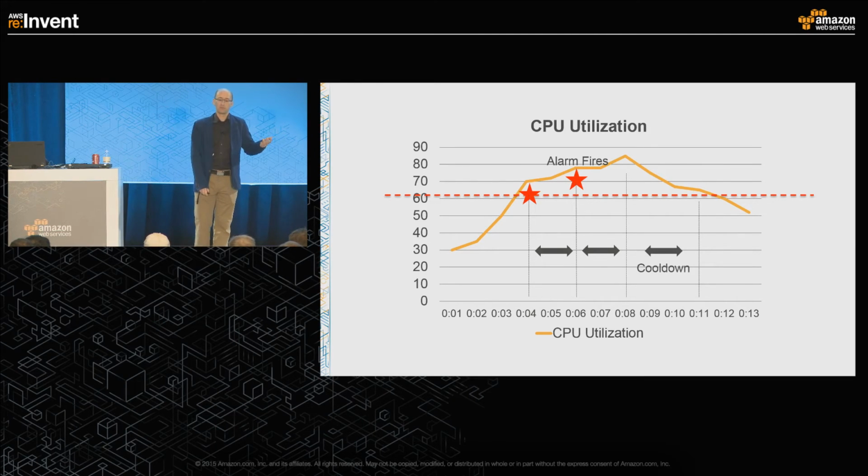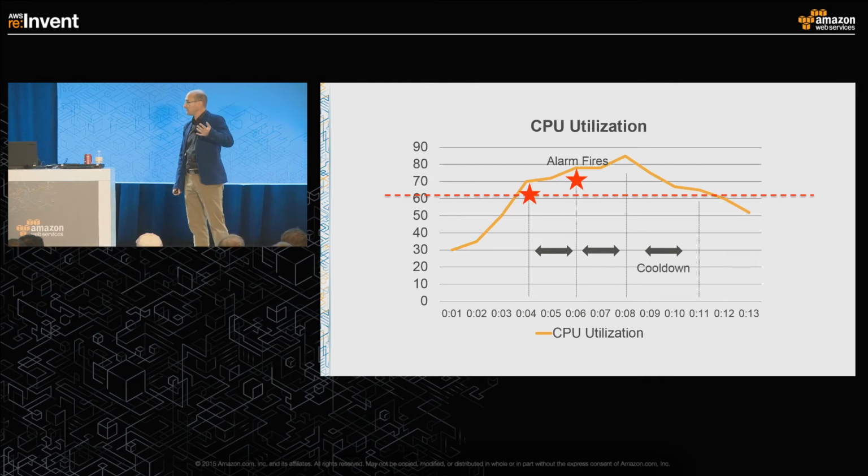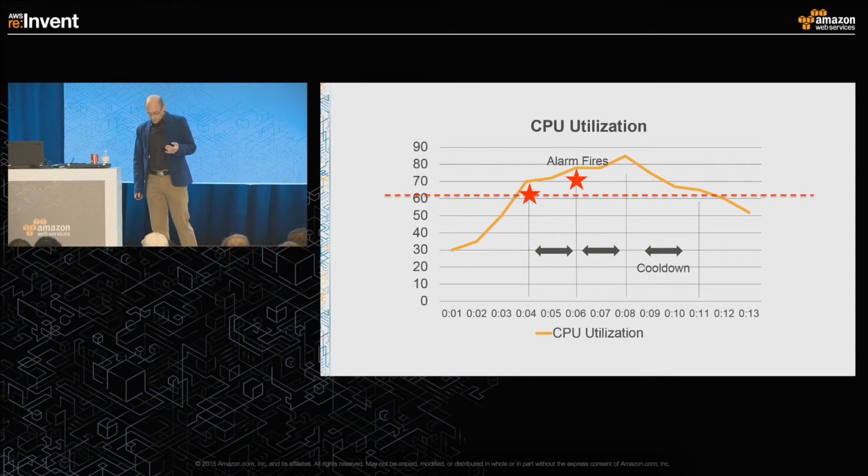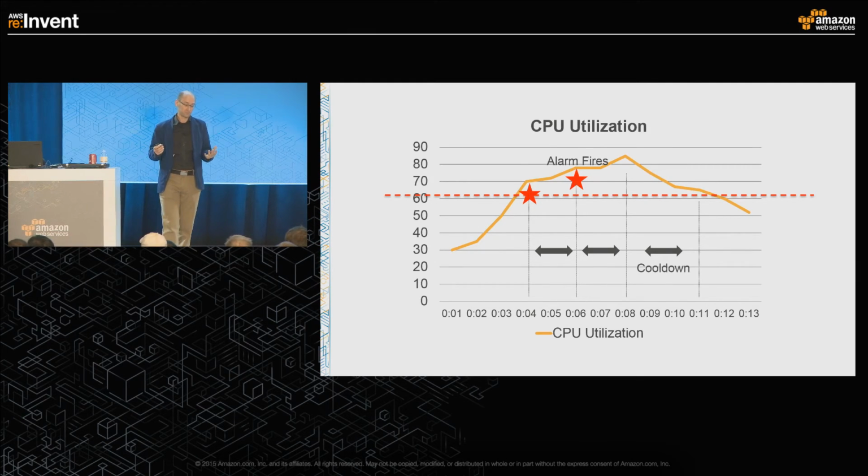Because it will take a bit of time to get the instances up and running. It can take 1 minute, can take 5, depending on how much you load, how big your AMI is, right? And you can specify the cooldown as a default for the group, or you can also specify a cooldown just for a particular scaling action.